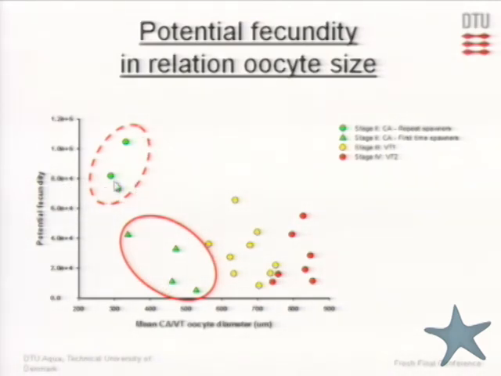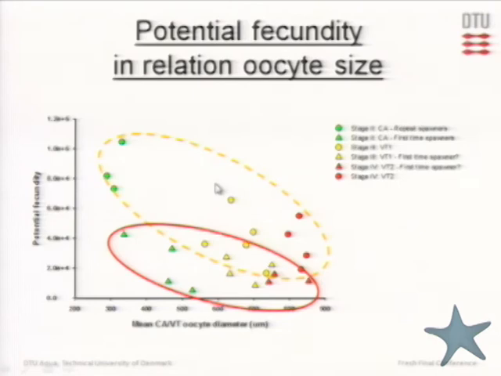And what we see is that the potential fecundity of the repeat spawners is much higher than is the case for the first-time spawners. If we also include the maturing stages with the vitellogenic oocytes and we look at first-time spawners, they also tend to be less fecund than the repeat spawners, which is partially related to the size of the fish.